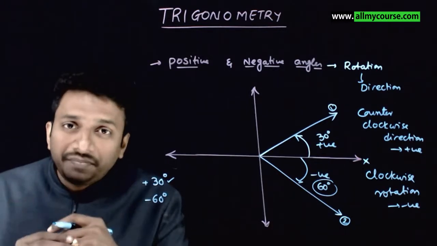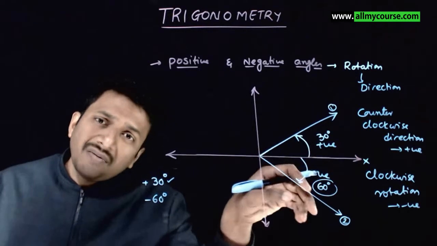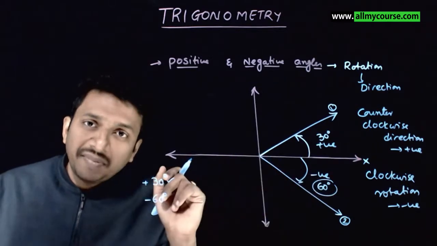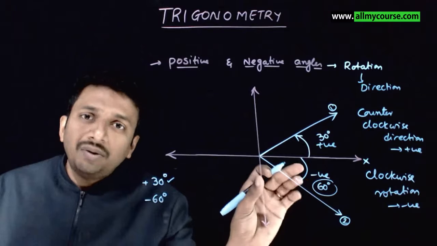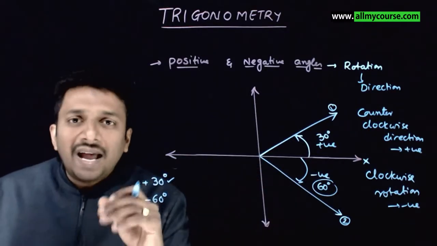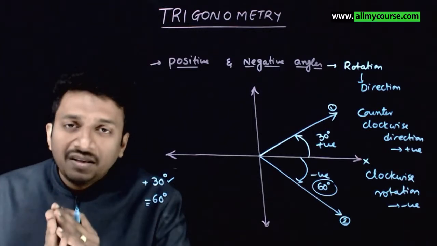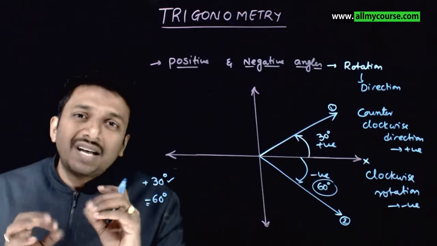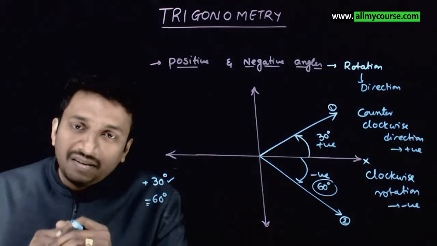Counterclockwise is already understood. I can say that the ray has rotated through 60 degrees in clockwise direction. If I say clockwise, I don't need to use minus. But if I don't want to say clockwise, I say the ray has rotated through minus 60 degrees, and clockwise direction is implied by this. So positive and negative angles are just conventions, nothing else. There is nothing like a negative angle.